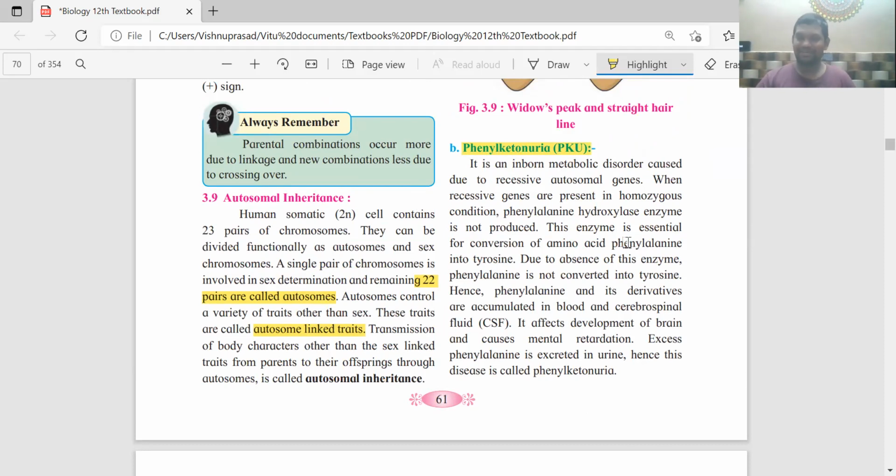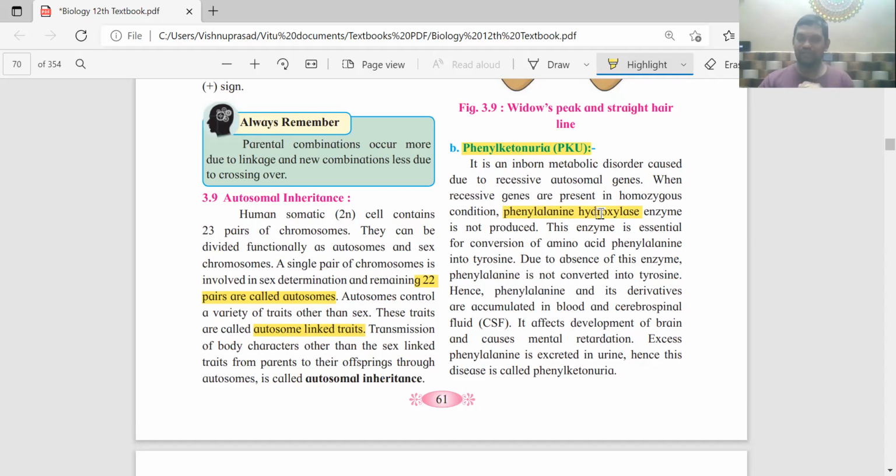In this condition, an enzyme called phenylalanine hydroxylase, which is normally produced, is not produced. Whenever the genes responsible for this are present in homozygous recessive condition, this enzyme is not produced.